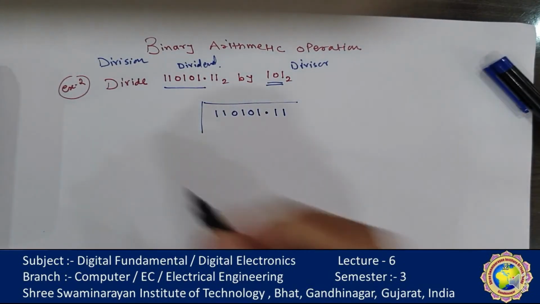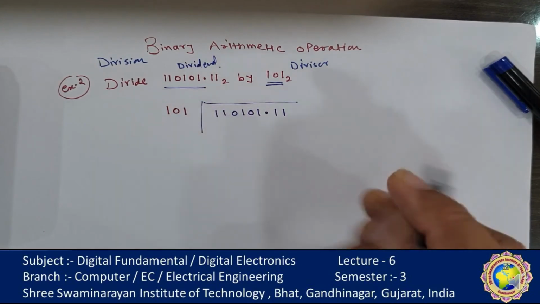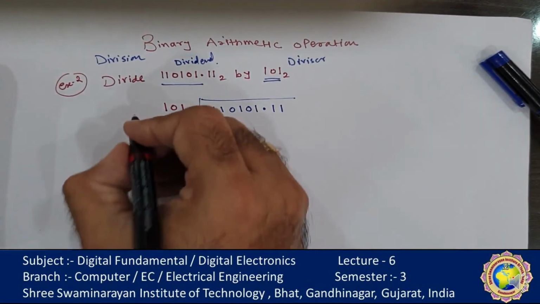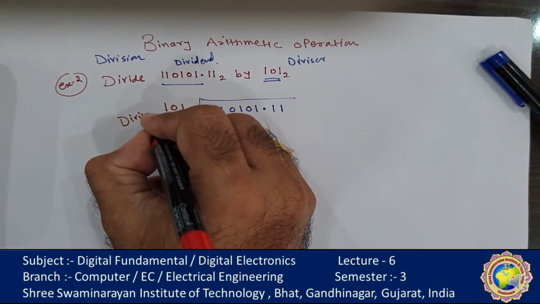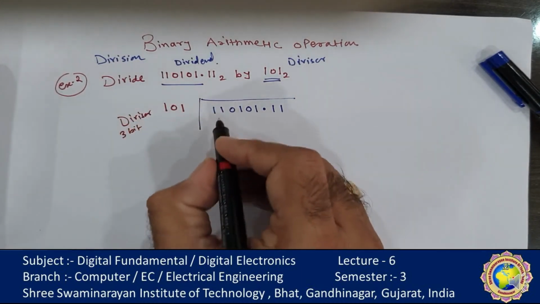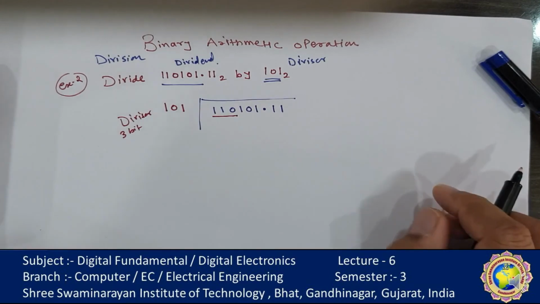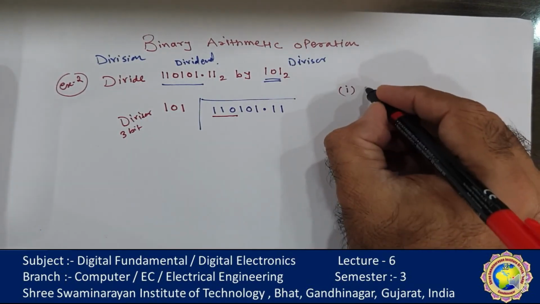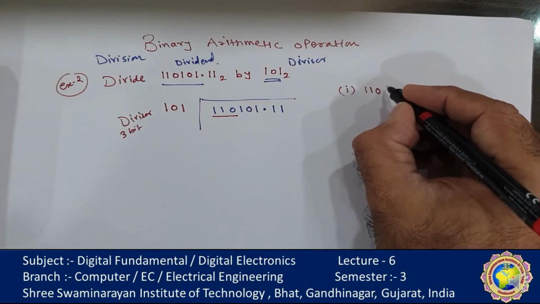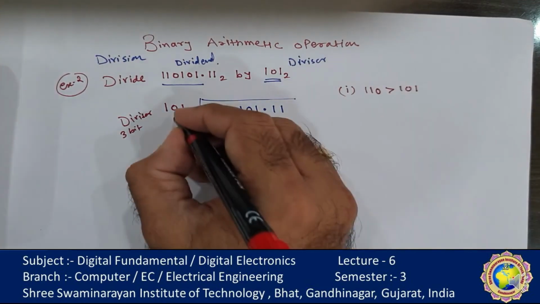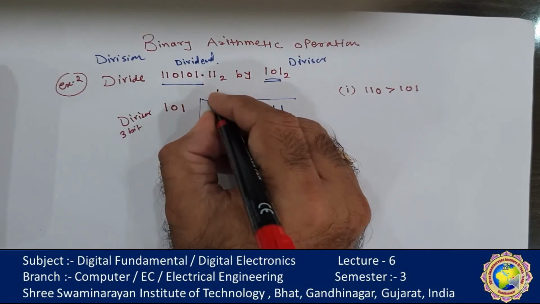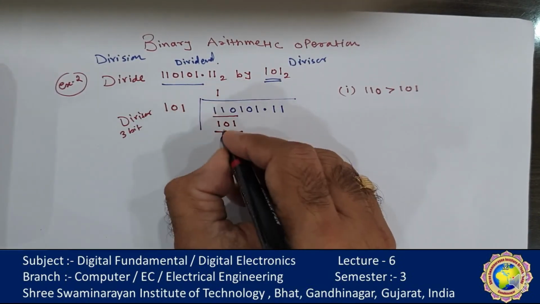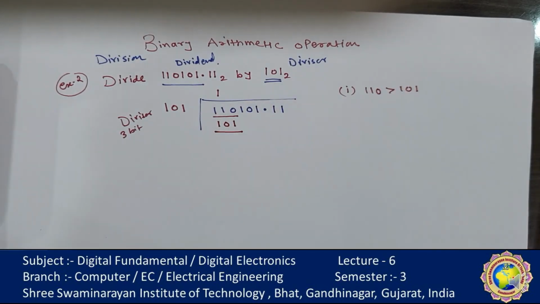As per the method we have written here, divide the dividend by the divisor. The length of the divisor is 3. So let us start with the 3 bits 110. First step, 110 is greater than 101, so we can directly multiply by 1, 101, and we have to perform the subtraction.